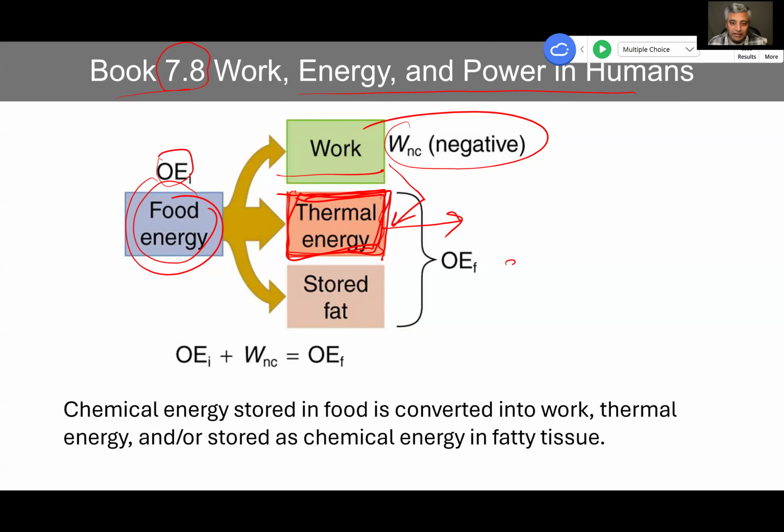Now, of course, we walk around, so that means we do some work. We are moving our own body, we are lifting our body. So whatever you do extra, you need food for that. Those are the needed ones to keep your weight constant.